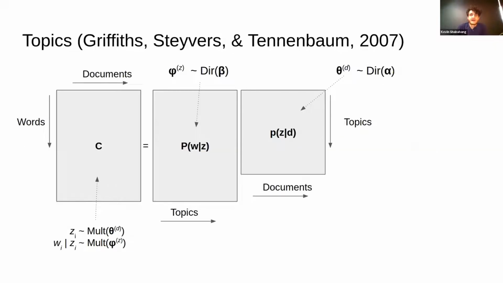So one way this kind of generalization is done, this latent or more abstract representation is induced, is probabilistically. One approach is carried out by Griffiths and Steyvers and Tenenbaum in the topics model, where the word by document matrix is decomposed into two separate matrices.